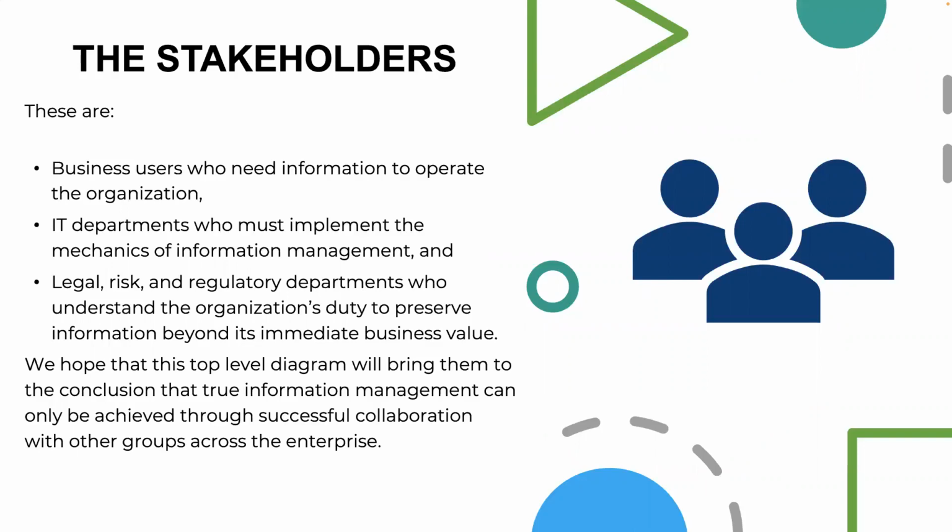We've got the IT department that manages the infrastructure, and then we have the other departments, legal and privacy, risk management. All these different departments have to work together to form the governance strategy and execute.